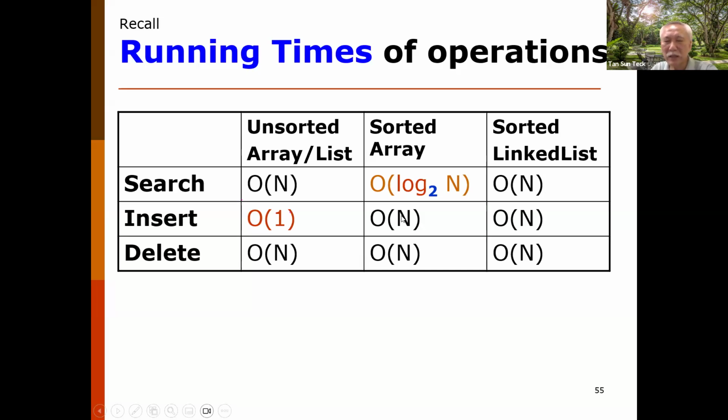But if you use two pointers, the insertion operation itself is only O(1) because you just reset two pointers. But for searching you cannot do binary search because on a linked list you cannot go to the middle. To go to the middle, you have to start from the beginning and follow the links, which is already O(n). Deletion, you have to search for it first before you delete. So this is a table giving the running time of the operations.